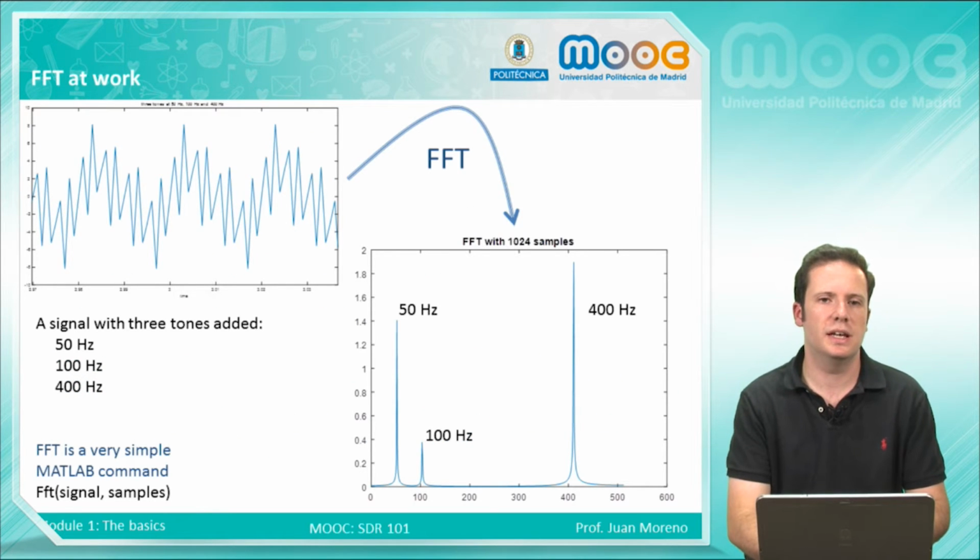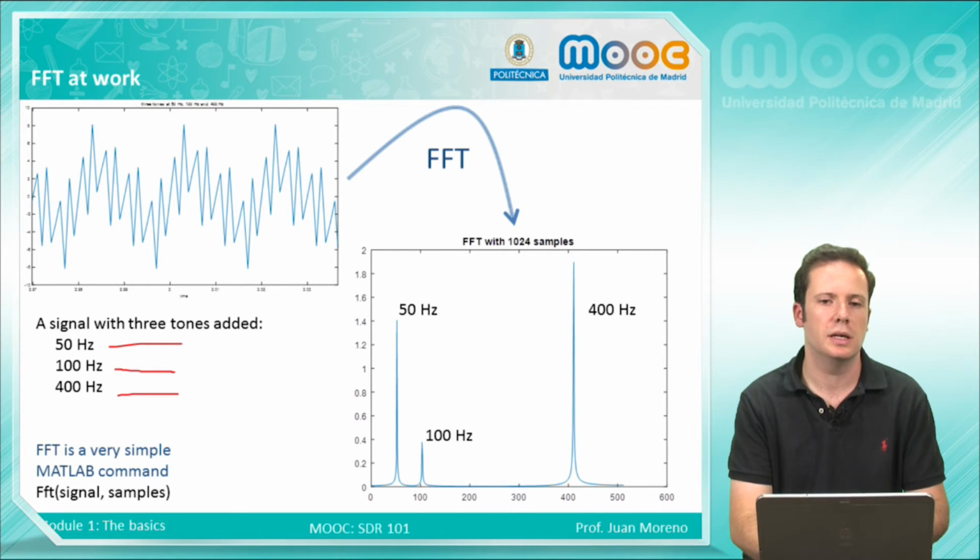Here we can see the FFT at work. This signal on the left is the sum of 3 tones added, one at 50 Hz, the other one at 100 Hz, and the third one at 400 Hz. So if we perform this FFT, we can see that there are 3 tones, one at 50 Hz, the other one at 100 Hz, and the third one at 400 Hz.